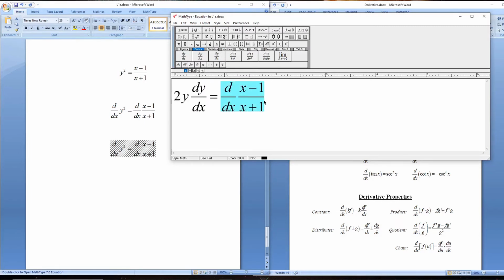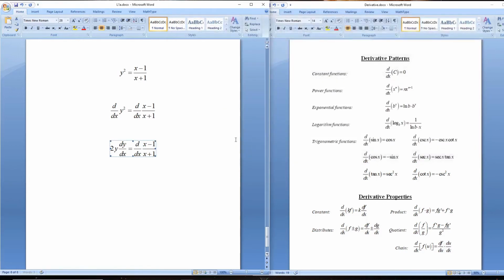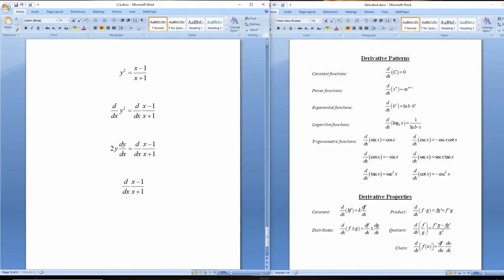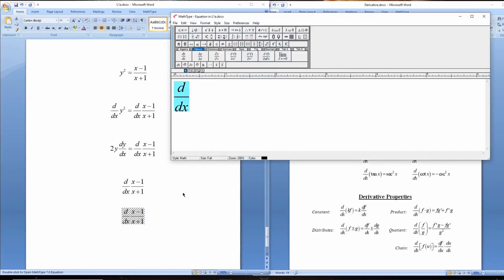Now the right side here, let me just copy that because this is going to be our quotient rule here. Let's look at that. And let's define our f and g. So we're going to say f is the numerator and g is the denominator.